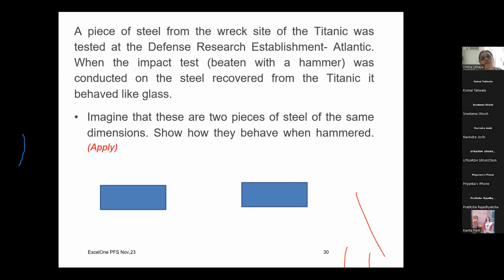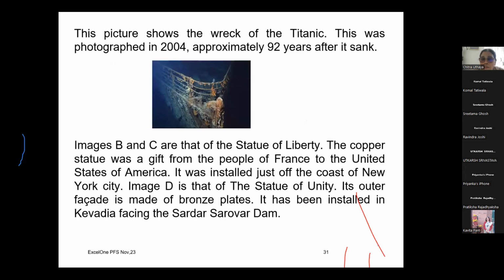Imagine that the first block you see is from the Titanic, and the second block is a piece of steel from the laboratory. How will they behave when they are hammered? So again, it is to do with the properties of metals, and you can show how they behave. So instead of asking about ductility directly, what is ductility? You can ask questions like this.